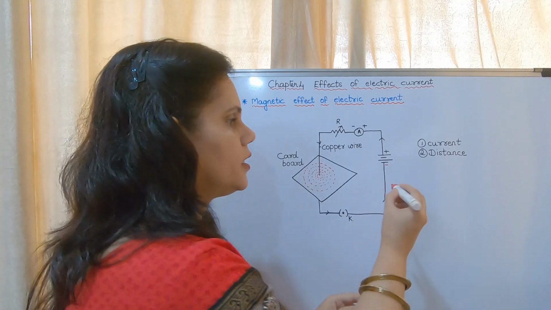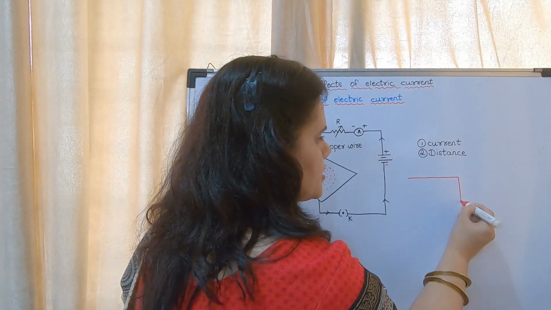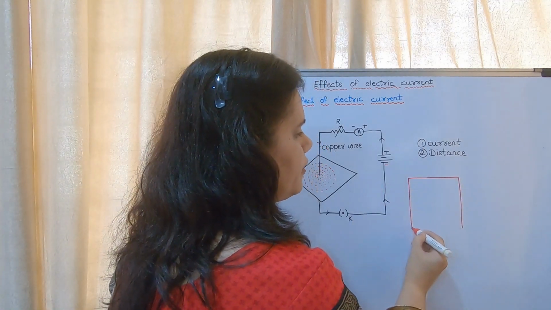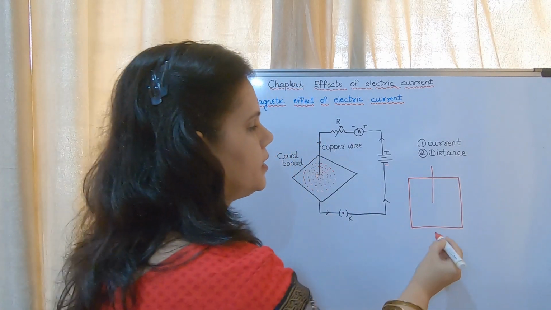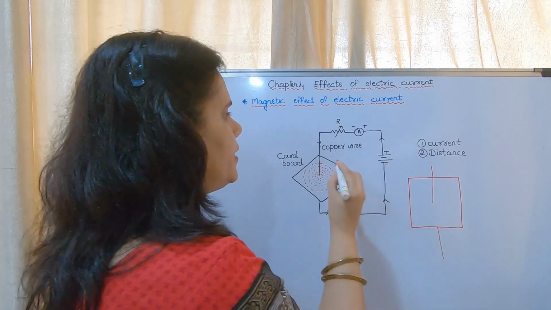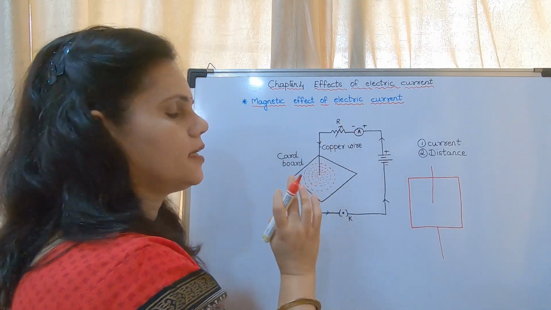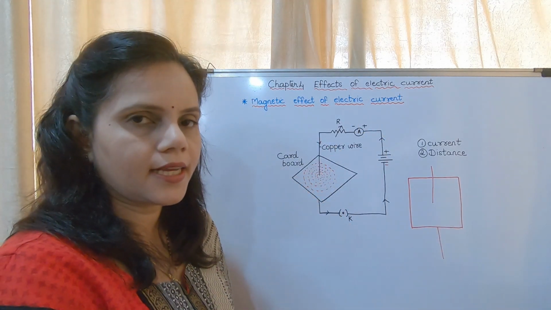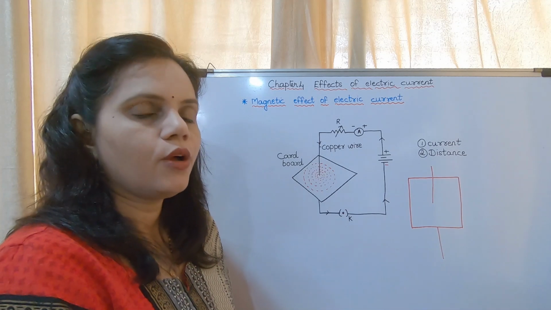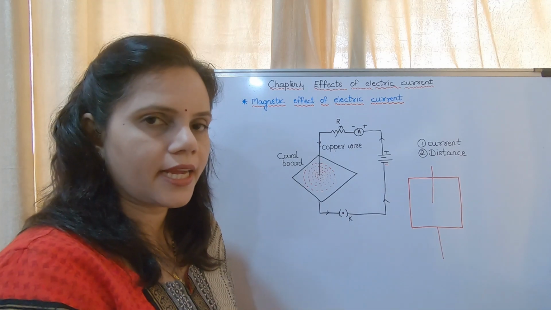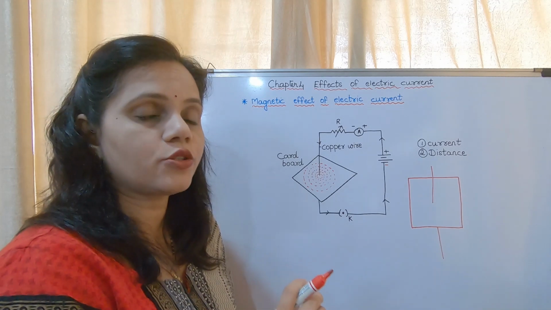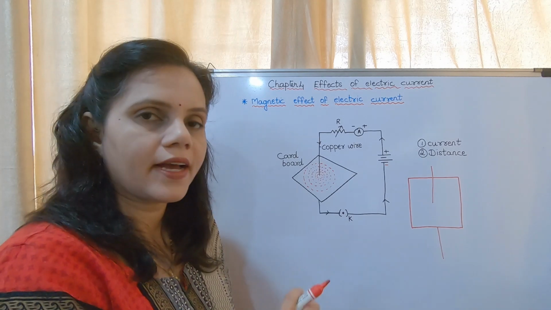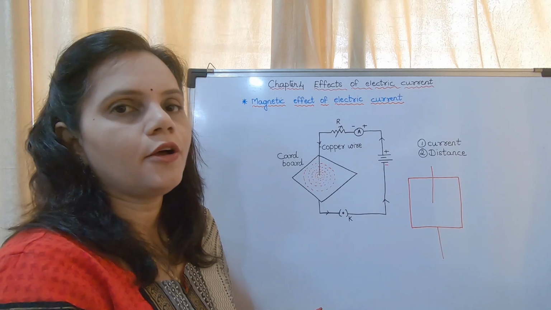Understood? Now, you consider this is the cardboard, and this is the wire. When the current passes through the wire, the wire will start acting as a magnet.